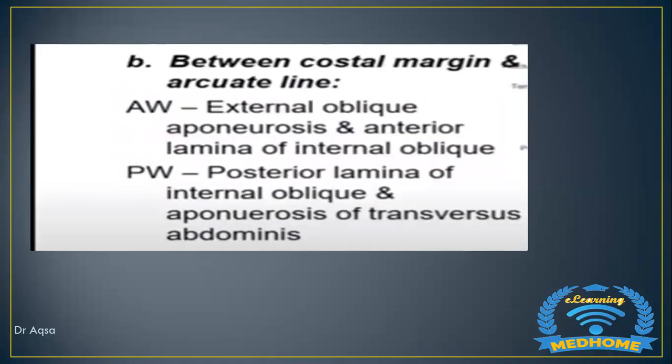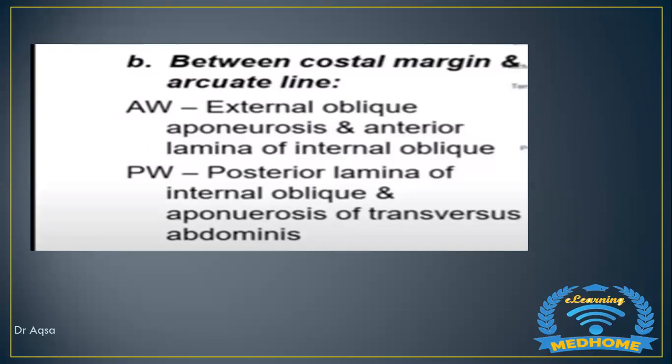Now, what happens in between the costal margin and the arcuate line? The anterior wall is formed by the aponeurosis of the external oblique as well as the internal oblique muscle. While posteriorly, there is the posterior lamina of the internal oblique and the aponeurosis of the transversus abdominis muscle.